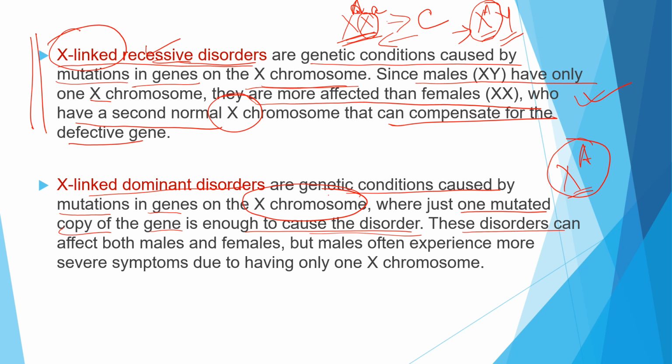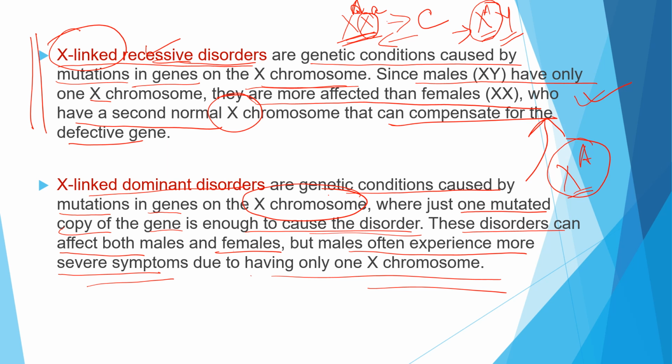These disorders can affect both males and females, but males often experience more severe symptoms due to having only one X chromosome. This is the same as before, because males have one X chromosome and the disorder is X-linked, so it is due to a mutation of a gene present on the X chromosome.